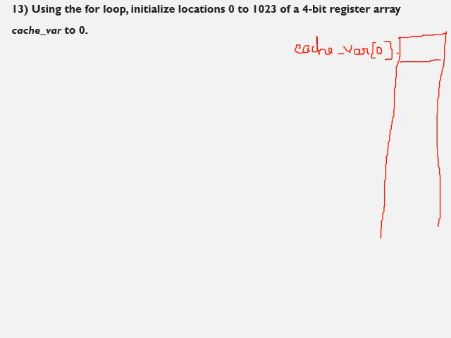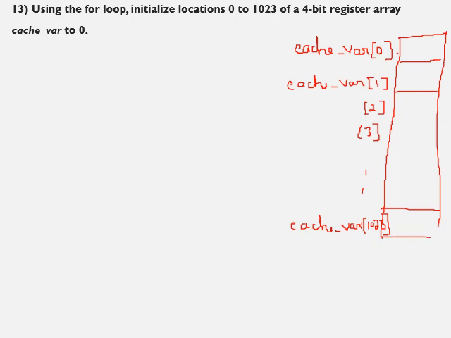Second location will be cache of 1, then 2, 3 and so on. The last location is cache of 1023. So total there are 1024 locations, and each location is capable of storing 4-bit data.